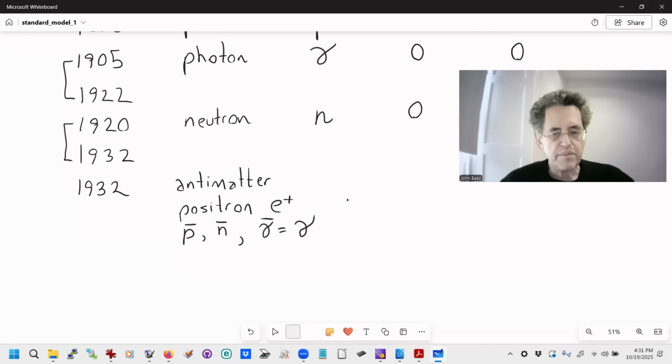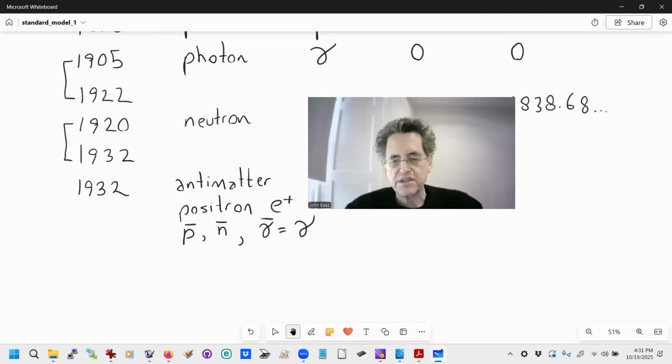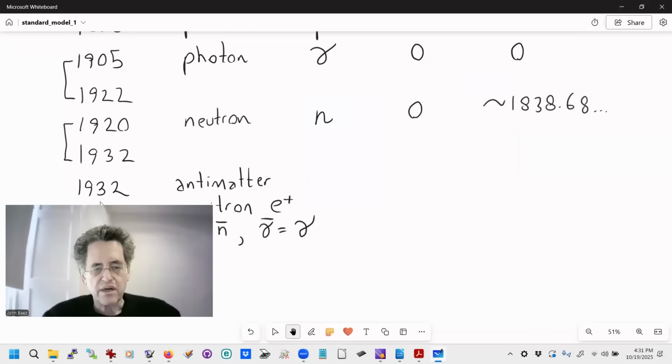So people began developing what's called quantum electrodynamics, which is a theory of how photons interact with other particles. They interact with charged particles.